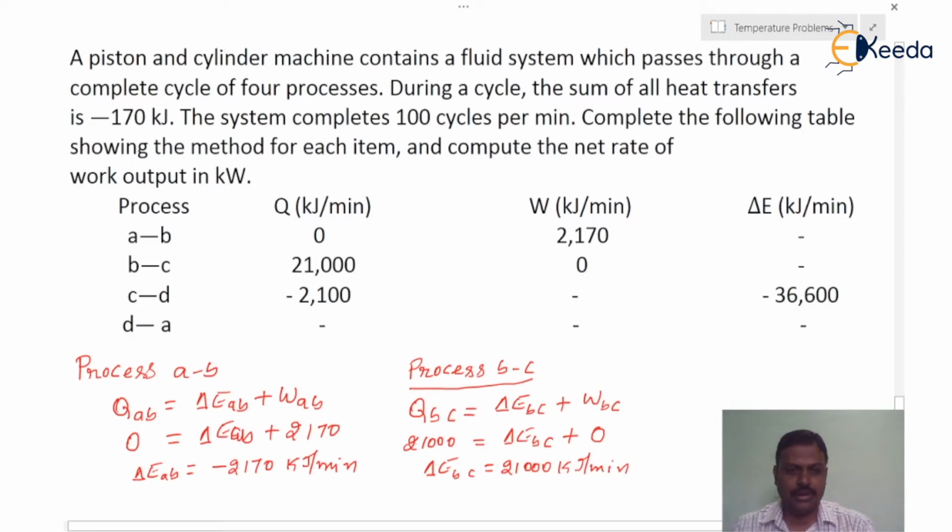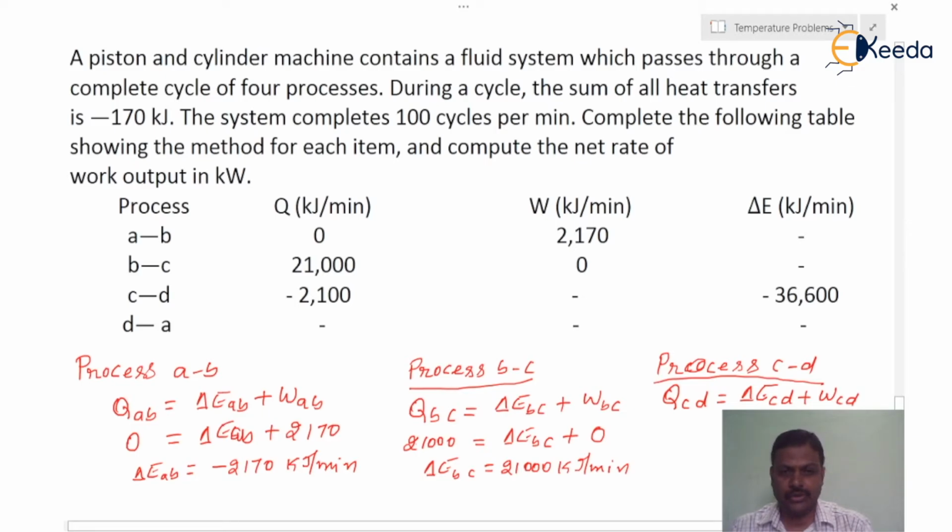Similarly, for process CD, we have QCD equal to delta ECD plus WCD.